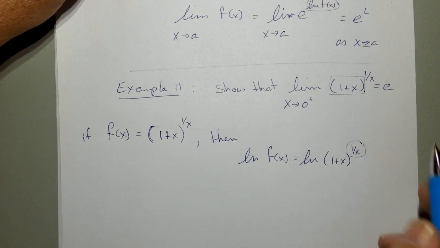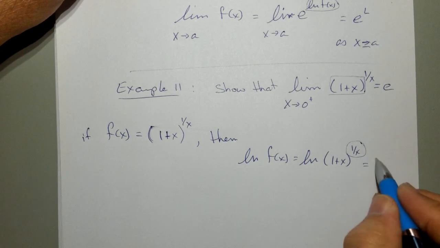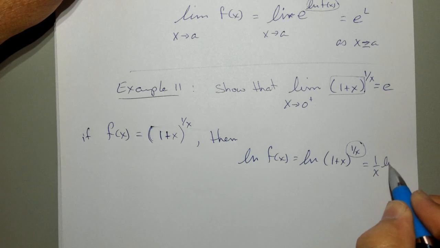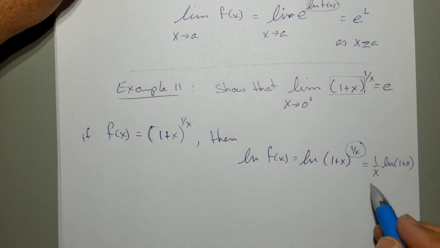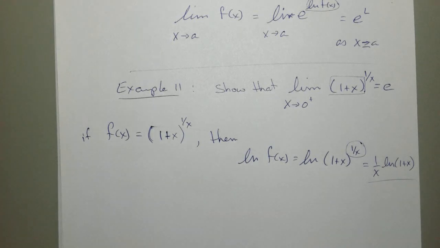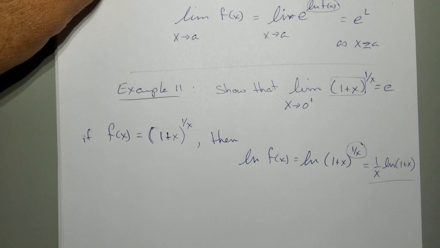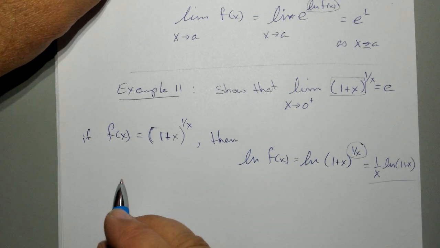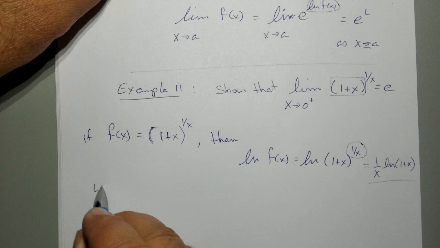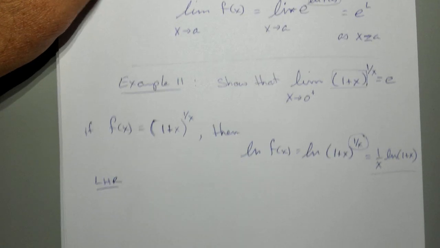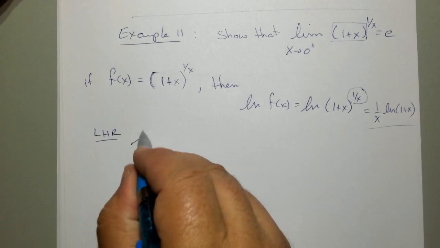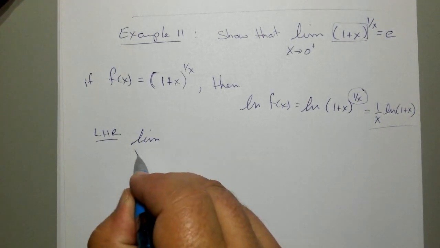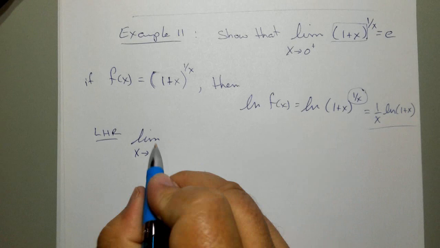By the rules of logarithms, if you have an exponent, that comes out in front, plus x. Then we take L'Hopital's rule of the limit as x approaches 0 from the right.